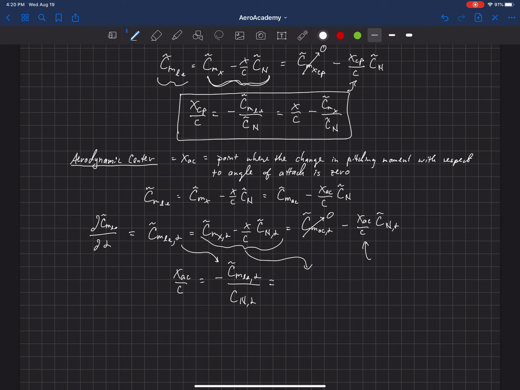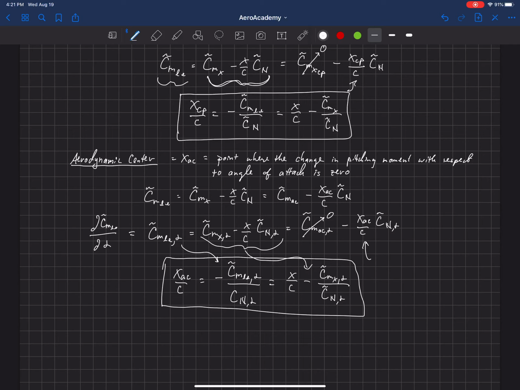And that's just going to be x over c minus CMx alpha over Cn alpha. Okay, so this equation can now be used to find the aerodynamic center if I know the pitching moment at the leading edge or the pitching moment at another location. I can plug it into this equation to find the location of the aerodynamic center.